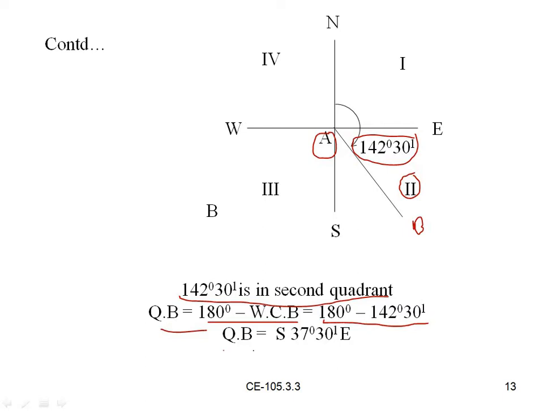It is quadrantal bearing south 37 degrees 30 minutes east. So in this way we have to calculate whole circle bearing to reduced bearing problems. And now see the third example.